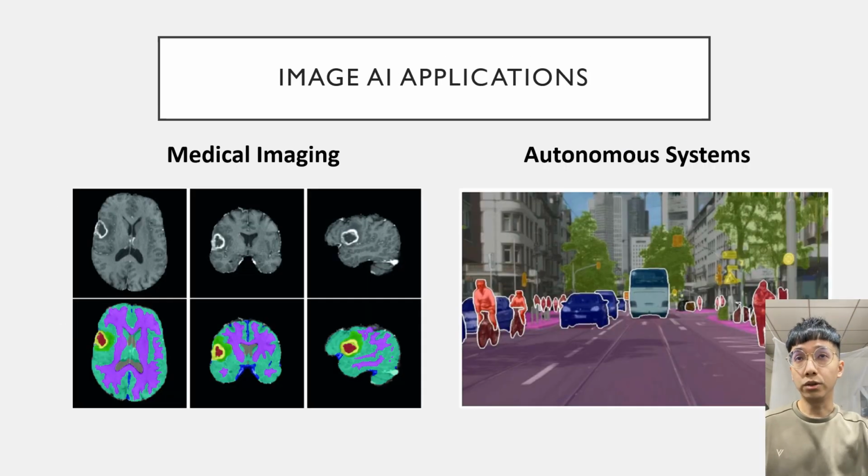There are two commonly used applications of image segmentation. The first one is medical image segmentation. In medical image segmentation, precise delineation of structures, organs, or abnormalities is crucial for diagnostic purposes and treatment planning.